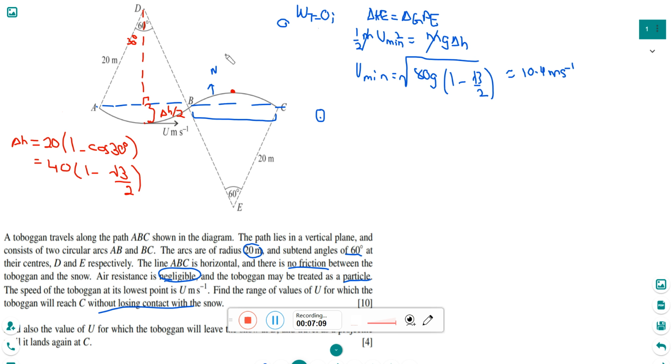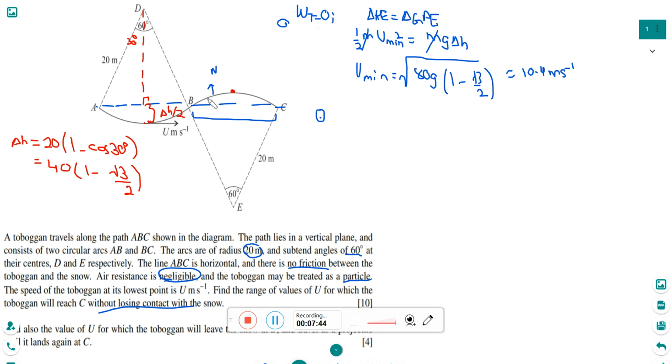So when the centripetal force is greatest, the normal component of weight is the least, and such that at B the body, which is the toboggan, does not touch this point, because the normal component is least. So the gravity force is enough to give the body its circular trajectory at that point.